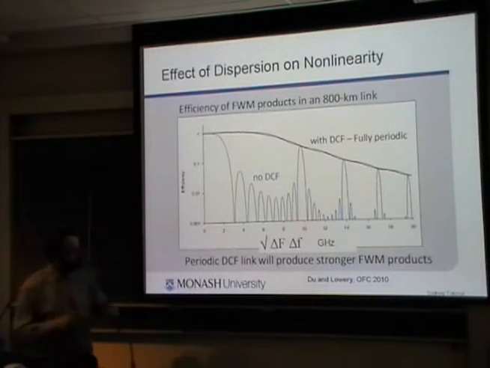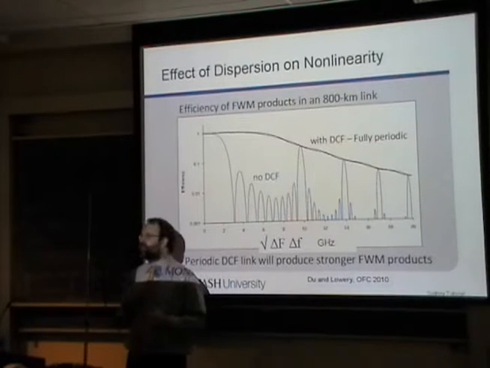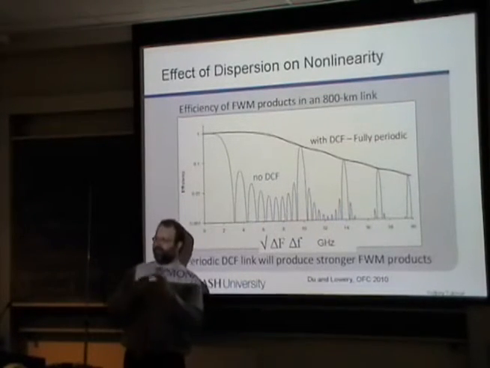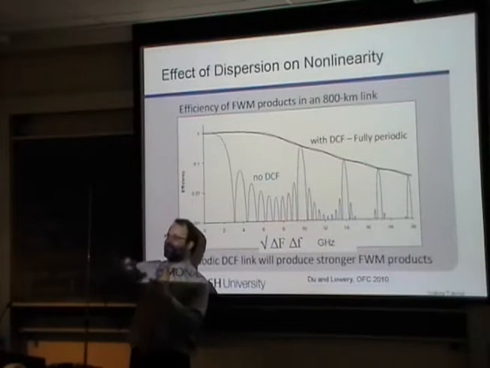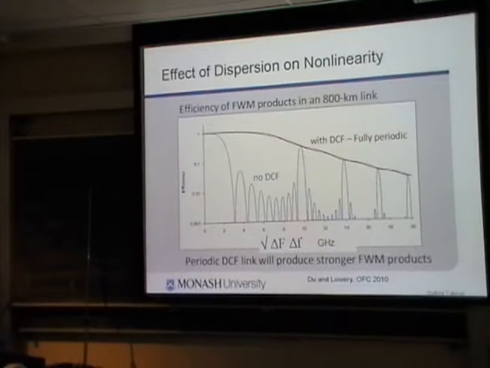Yeah. These nulls are, I believe, where you've got multiple spans, and the resultant of each span comes back on itself. So there's various situations that this can occur. Say I've got 10 spans, each one produces a four-wave mixing like this.